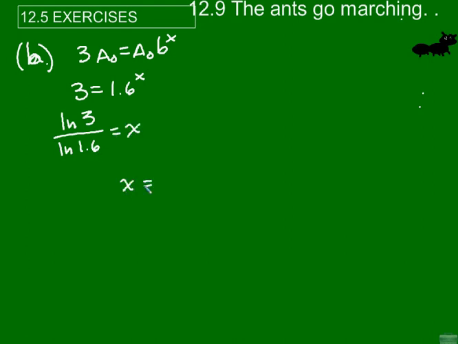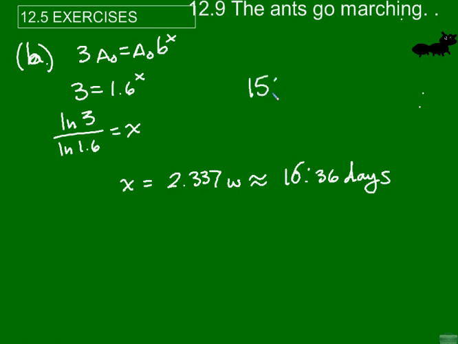X equals 2.337 weeks, or 16.36 days. Alright, so how many ants now? 1,500 ants. These guys are out of control.